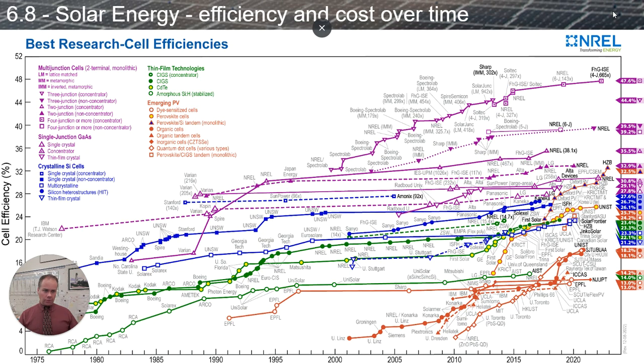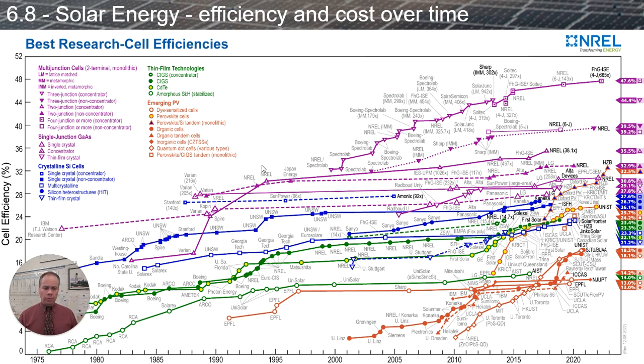And so this is a complex graph, and we don't need to get into very much of the details, but this shows what I was talking about, the efficiency of photovoltaic cells over time. So you can see, photovoltaics have been around for a long time, but the y-axis on this graph is the efficiency. How much of the incoming solar radiation is being captured and converted into electricity. And so we see that these are the different types of PV cells. You don't need to know anything about the details.